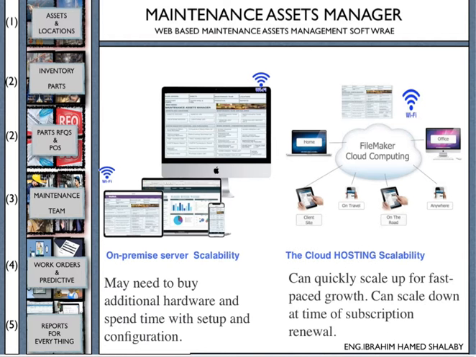Maintenance Assets Manager hosting. Scalability. On-premise server scalability: you may need to buy additional hardware and spend time with setup and configuration. The cloud hosting scalability: you can quickly scale up for fast-paced growth. Can scale down at time of subscription renewal.